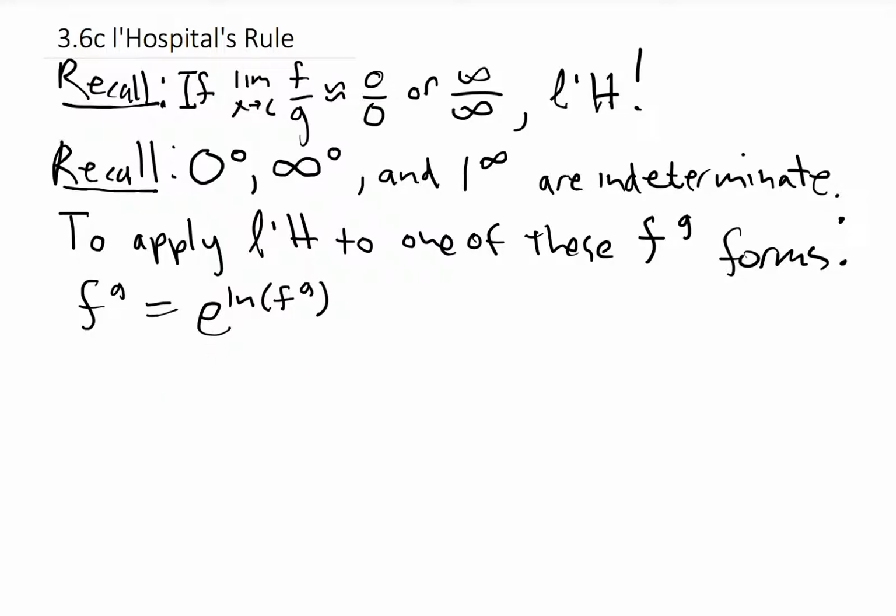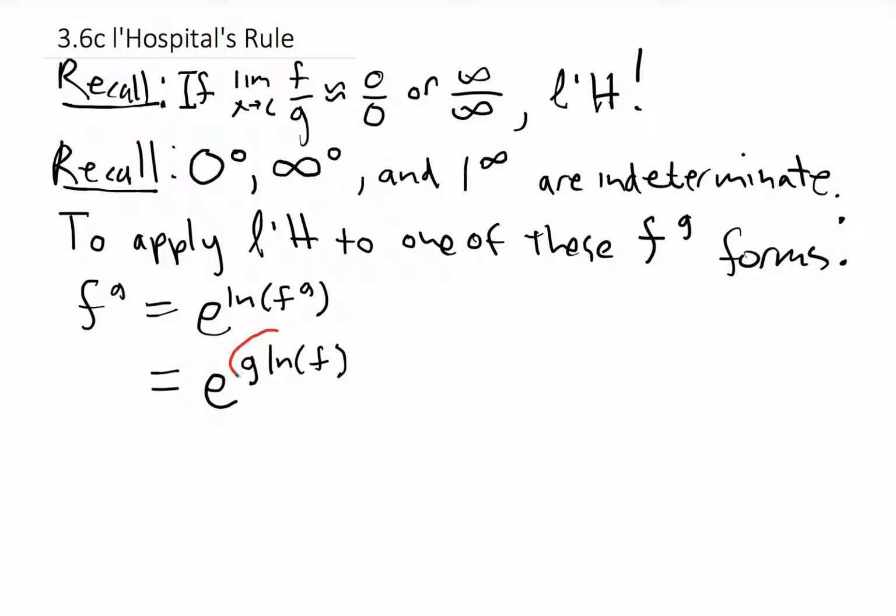Next thing I'll do in my rewrite is apply my natural log rules and bring down this g that was in the exponent of f as a coefficient on my log term. So I no longer have an exponent up there. Now, a comment about what's going on here.